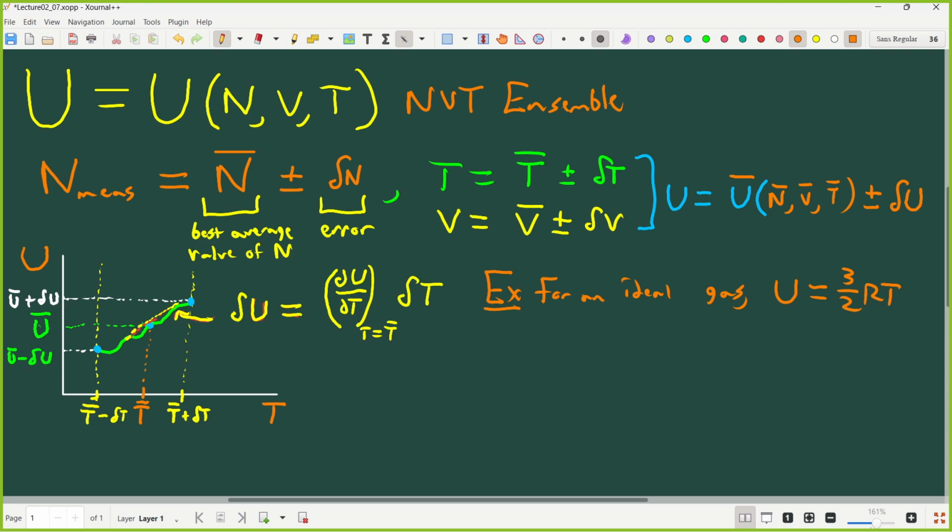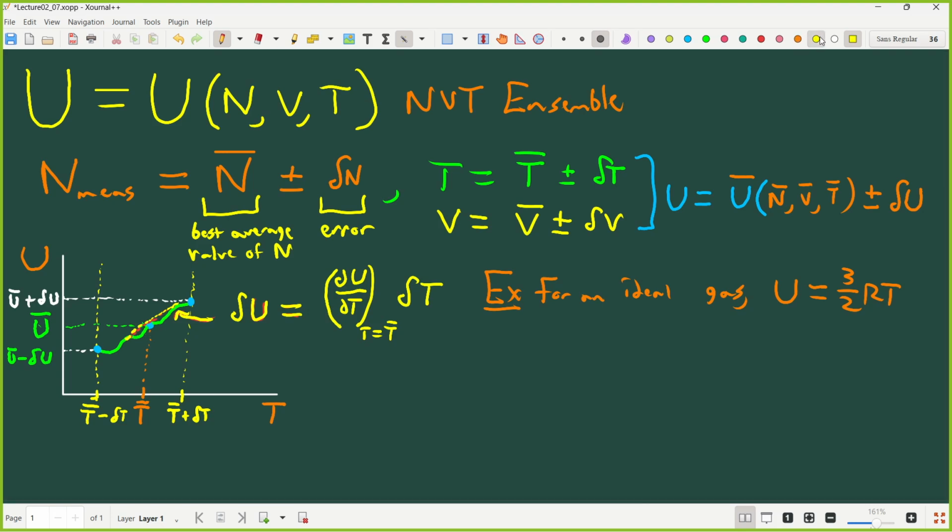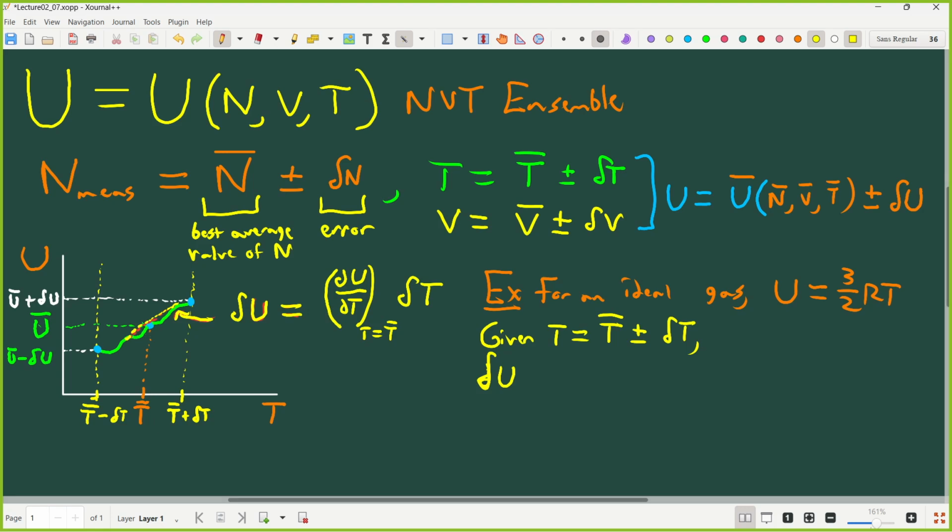So if we have some uncertainty in our measurement in t, what's the uncertainty in u? So given our measurement t bar, plus or minus delta t, delta u, the error in u, is going to be the derivative of the function with respect to t, evaluated at the point.